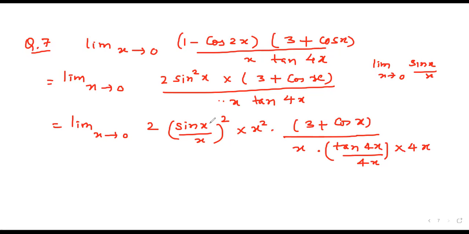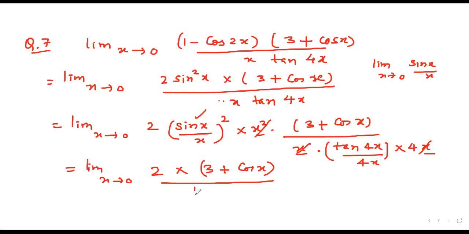So this term will become 1. From here, this is x square, this is x square, so this will be cancelled out. So we will be left with limit x tends to 0, 2 times 3 plus cos x whole divided by 4. So if we put x equal to 0, this term will become 4. So 2 into 4 divided by 4. That will give 2, which is our answer.